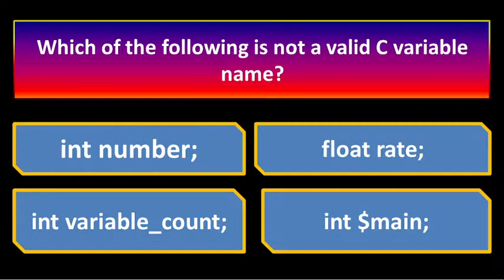Which one is an invalid declaration for the variable?